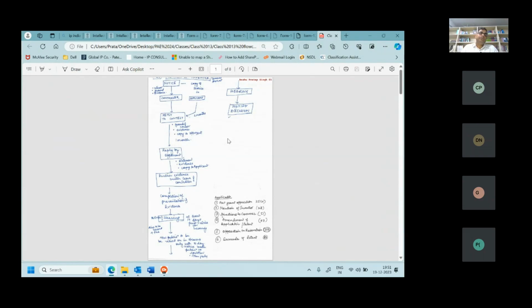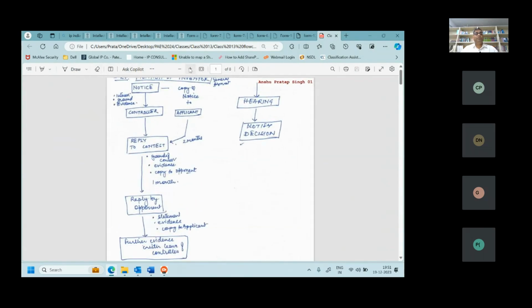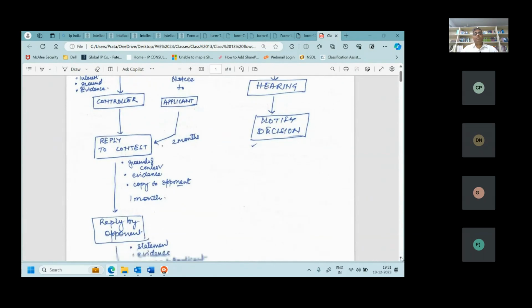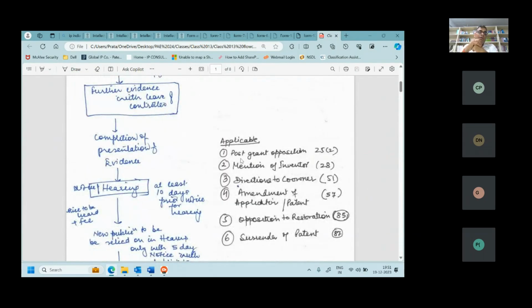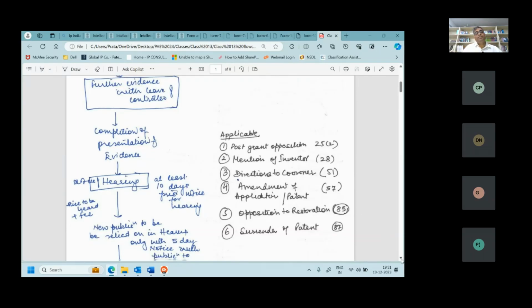Now, after completion of presentation of evidence, further evidence you can submit with the leave of controller. Once the evidence has been submitted, a hearing can be scheduled, and this notice of hearing will be given to you at least 10 days before the hearing is scheduled. This is if you are requesting a hearing, notice to be heard plus fee has to be paid. Then once you have done that, the hearing is there.